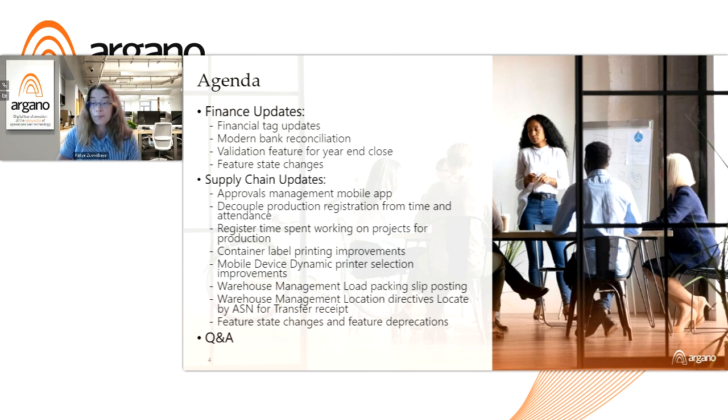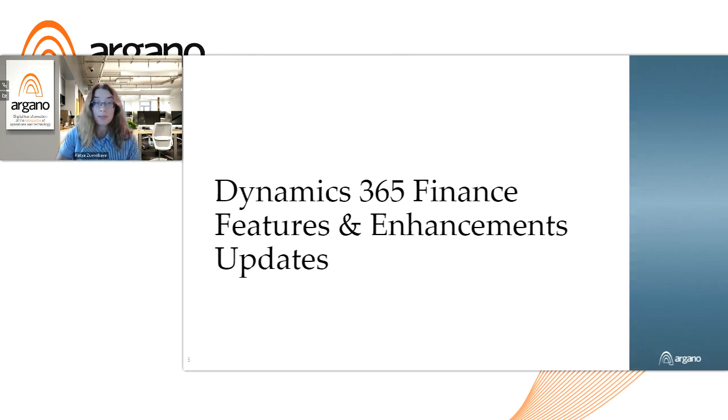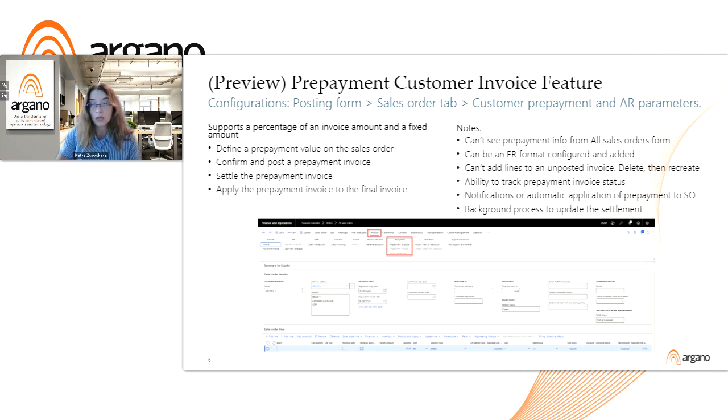So let's get started. We will start with finance features, enhancements, updates, and the biggest one, I would say, in version 41 is related to customer prepayment on sales order invoicing. As you know, or if maybe you experience this or you're looking to this feature yourself, it's been a very long time since Microsoft actually addressed that, I would say, because it's a very common question.